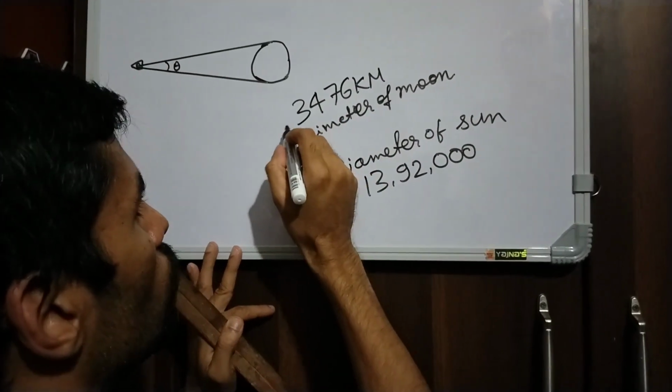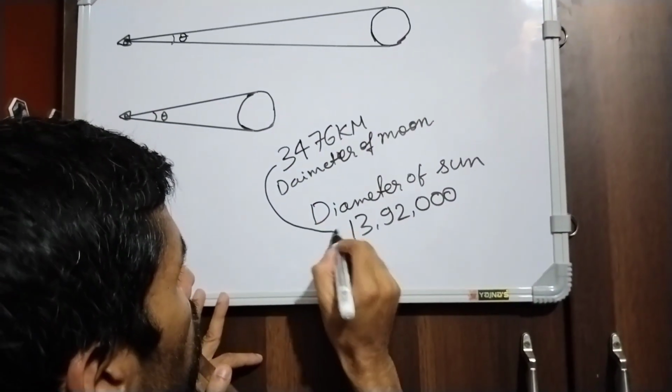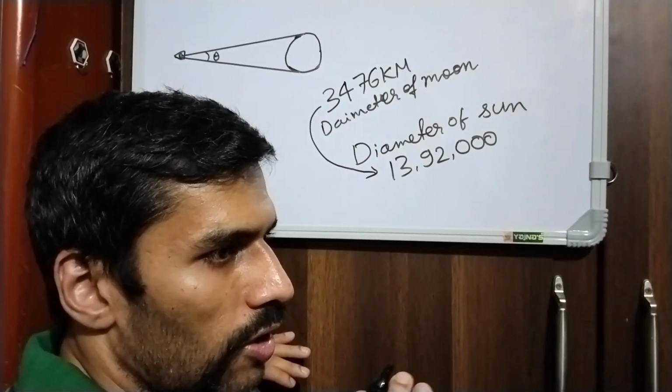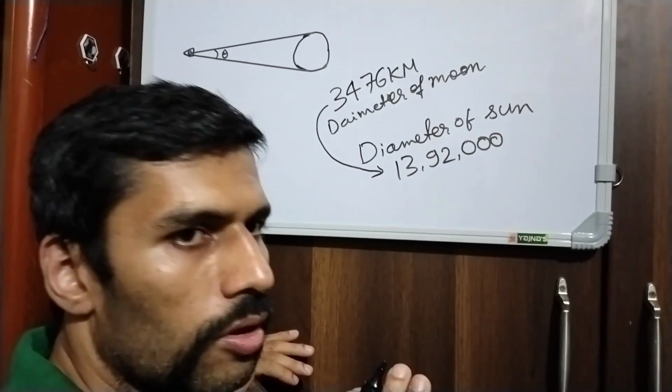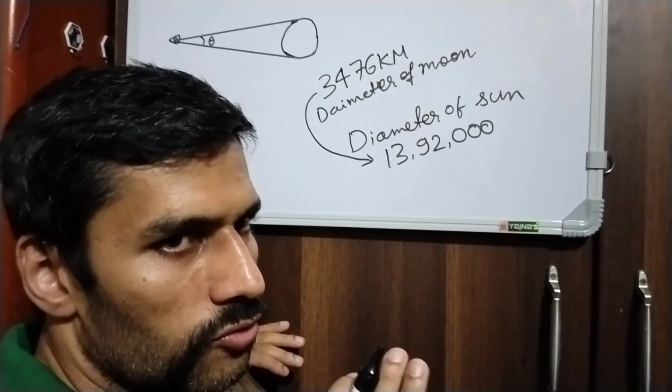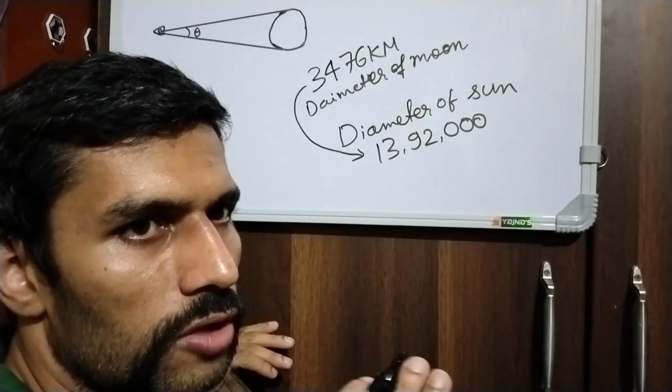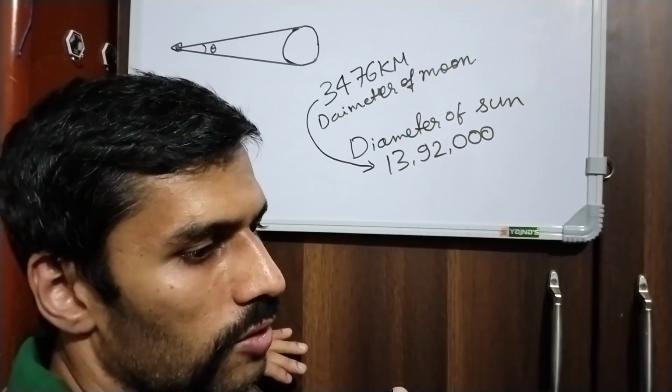This is almost 400 times the diameter of the moon. But the thing is that the moon is exactly 400 times nearer to our earth than the sun. So the visual angle of both these objects looks the same to our eyes.